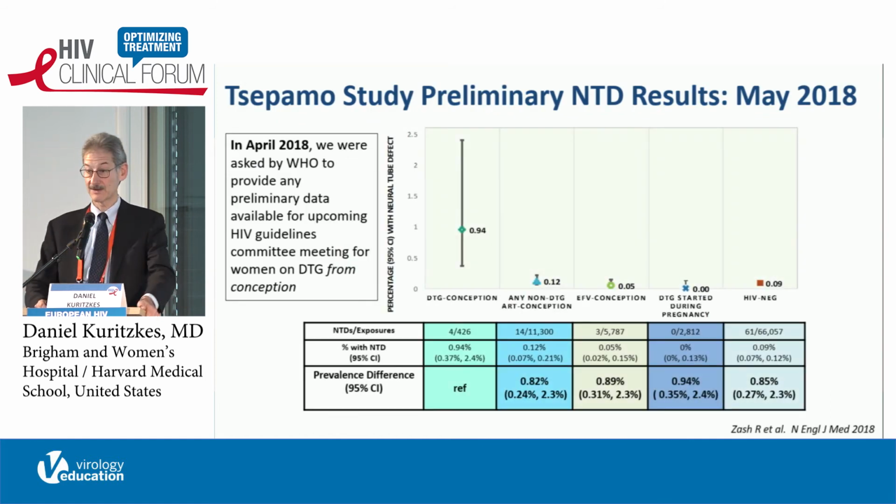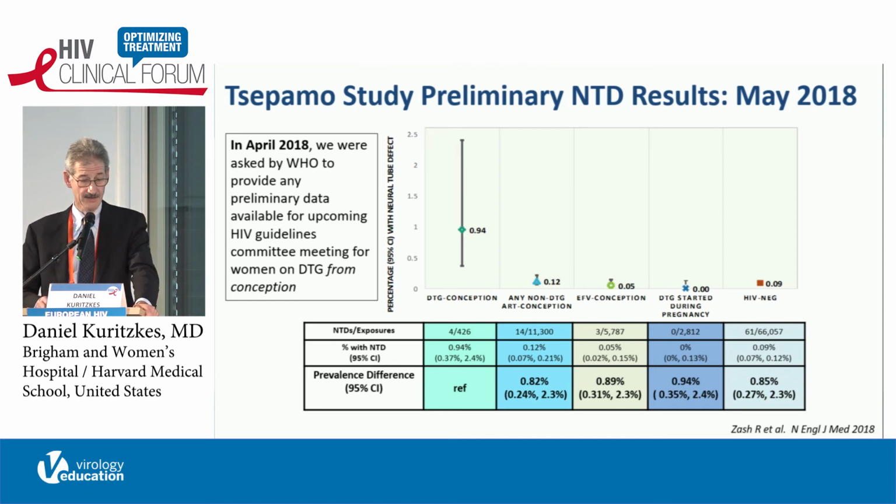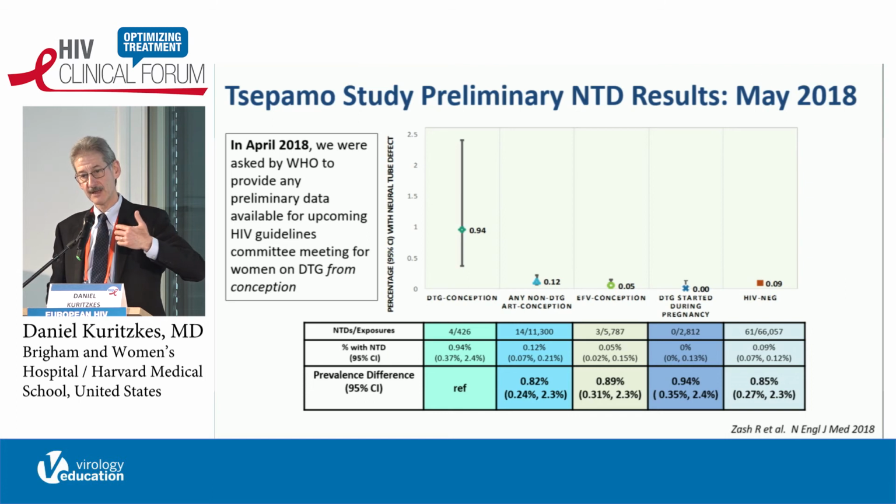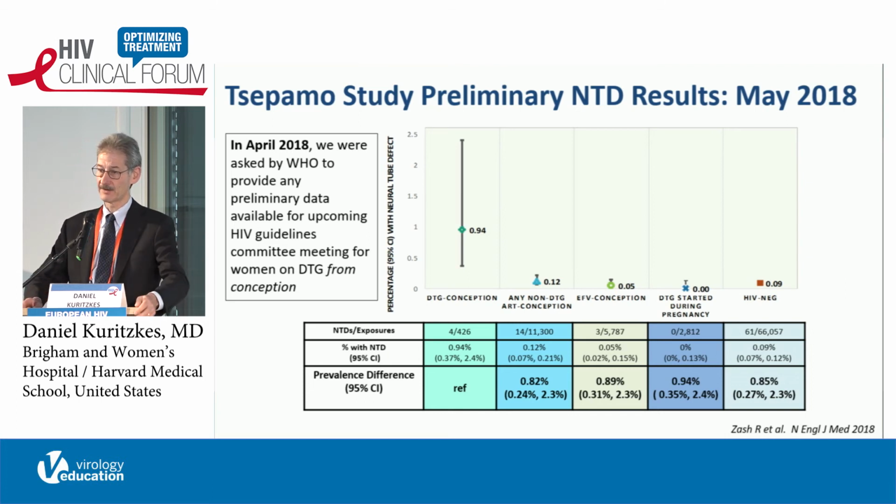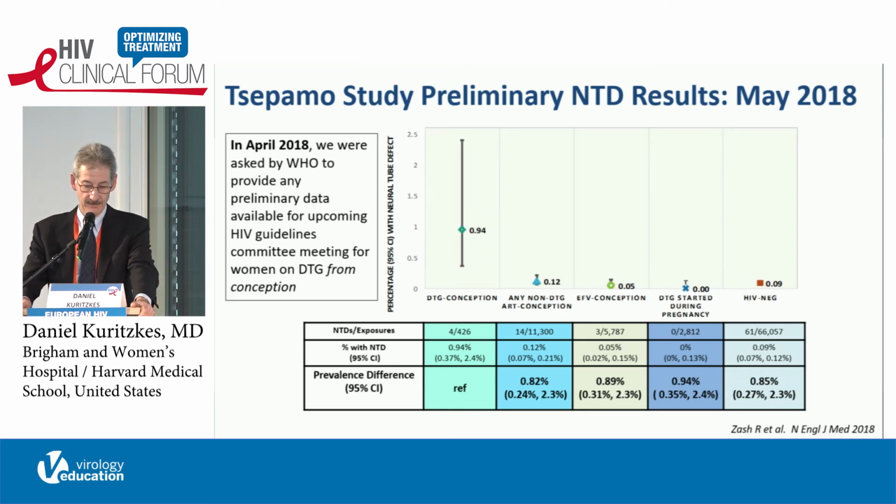Well, what about neural tube defects? The story here is somewhat ironic. Botswana had been way out in front in the rollout of dolutegravir as a replacement for efavirenz.